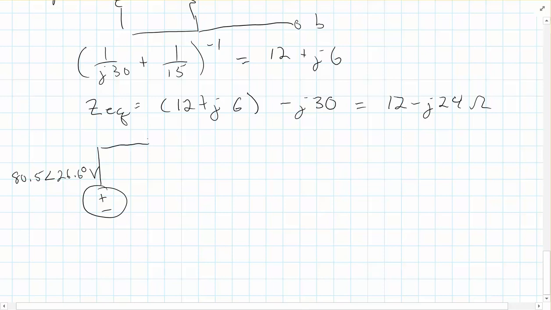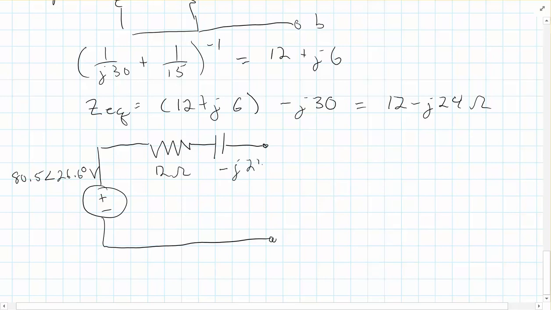And then we want to write down the components. Well, I'm going to have a resistor, and because I've got a negative imaginary part, that means I've got a capacitor. And so this would be 12 ohms, and this would be minus j24 ohms. And that would be my Thevenin equivalent circuit.